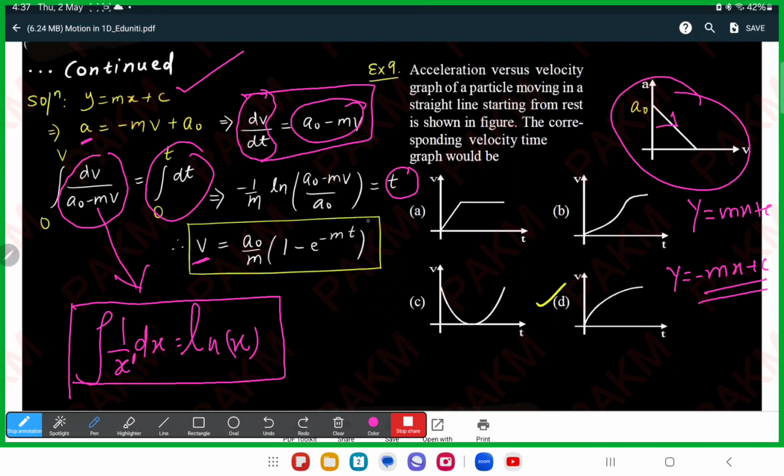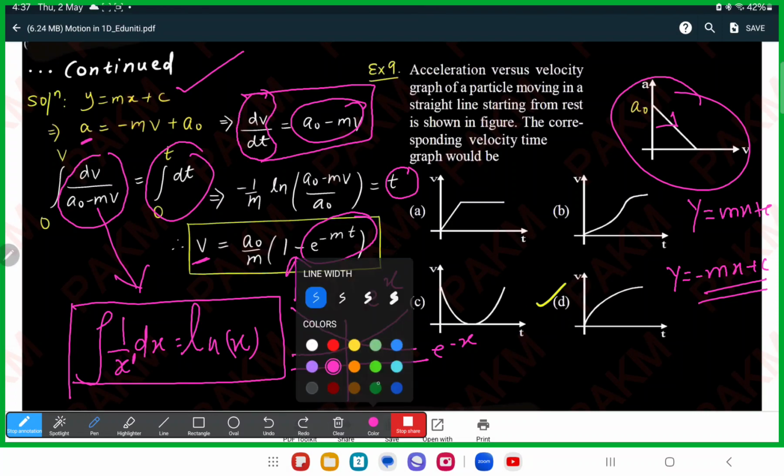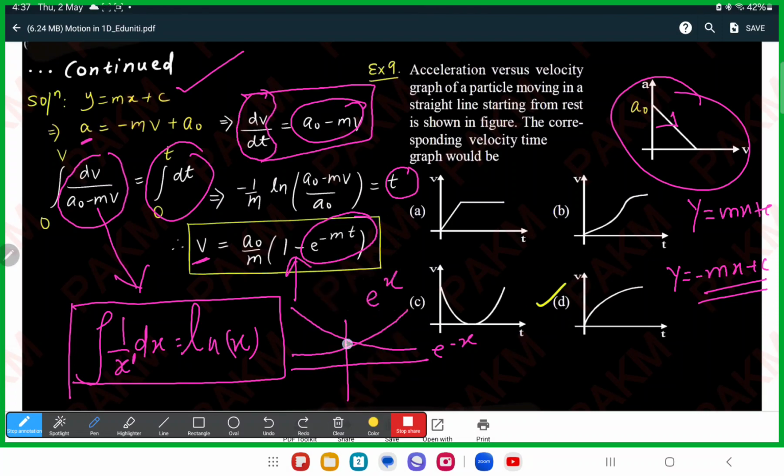So here e to the power minus mt, this line is important. e to the power x is the graph of y is equal to e to the power x. And this is the y is equal to e to the power minus x line. Now there is a minus sign. Always remember, if a minus sign is there, the graph takes a 180-degree flip.